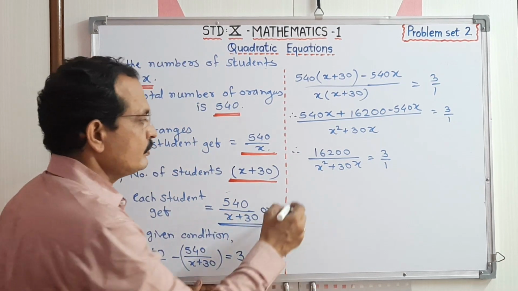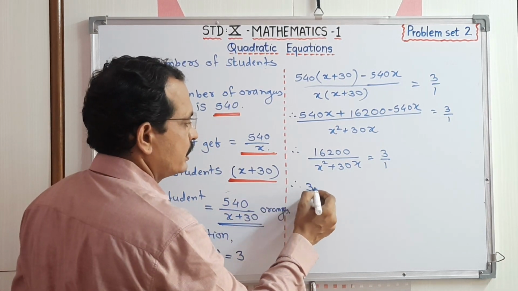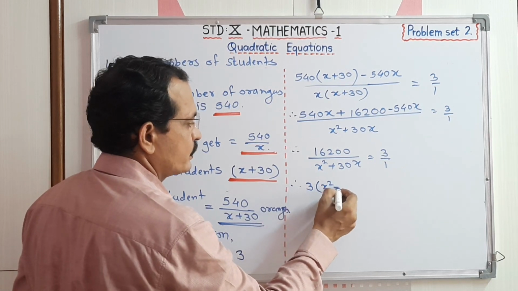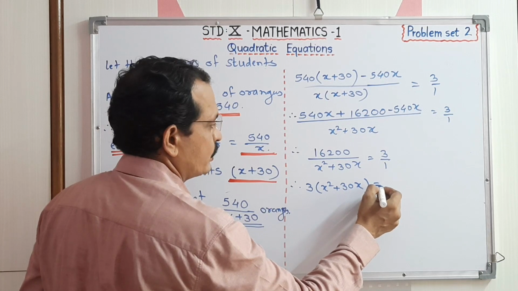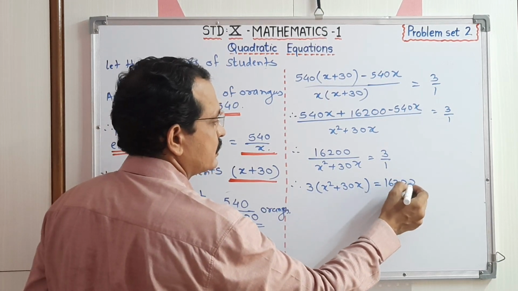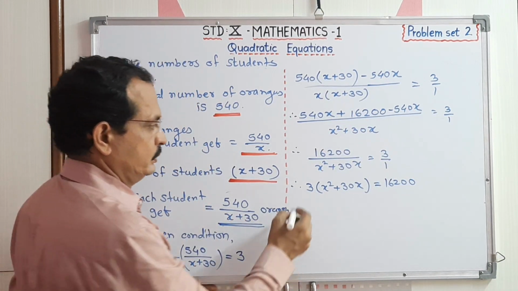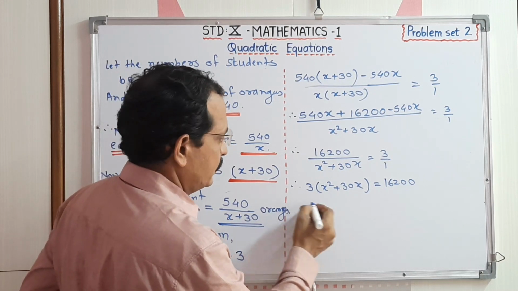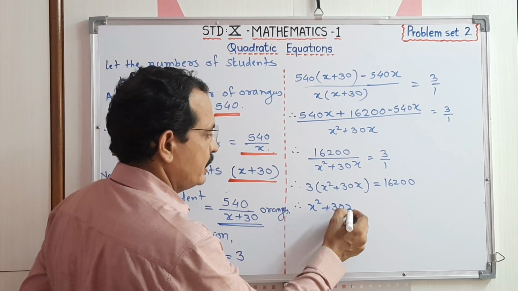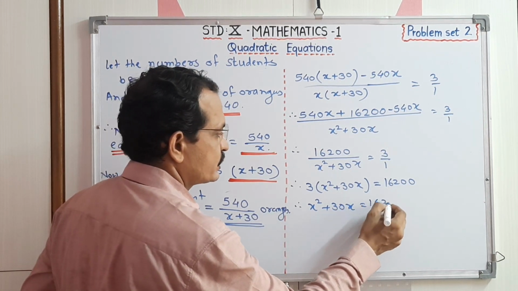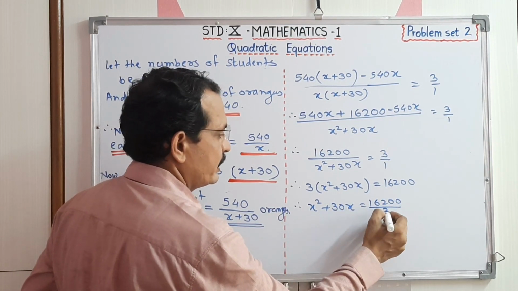Now 3 into x square plus 30x is equal to 16200. Now x square plus 30x is equal to 16200 divided by 3.